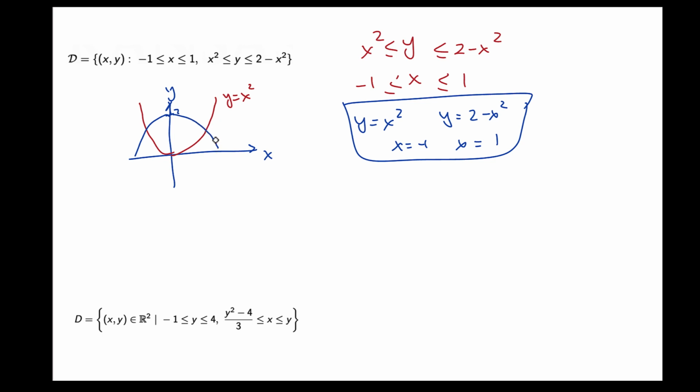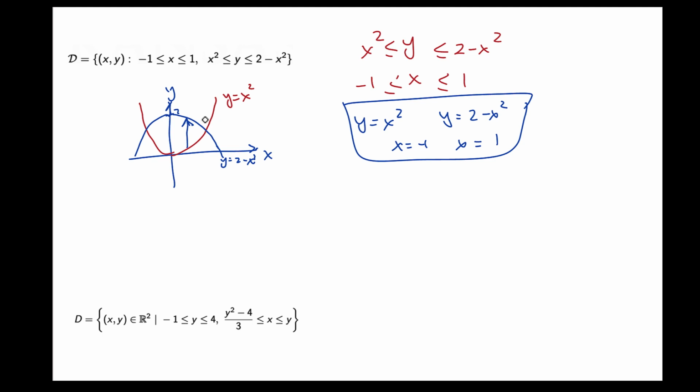Oh, this is getting interesting because if I draw in the y direction, I can see that in this region between these two graphs, y is between x squared and 2 minus x squared. I typically put an arrow to note that the x squared graph is on the bottom, and y equal to 2 minus x squared is on the top.